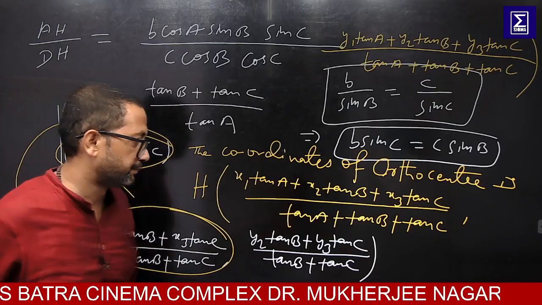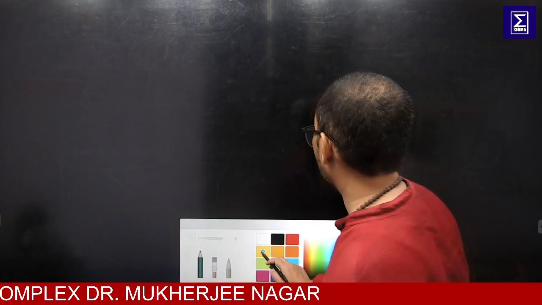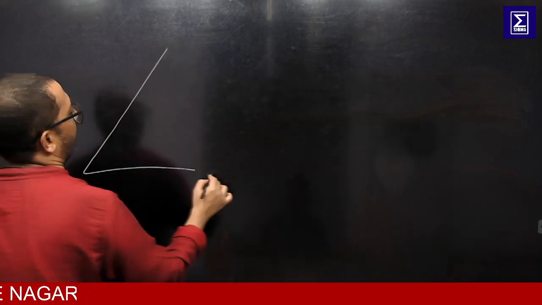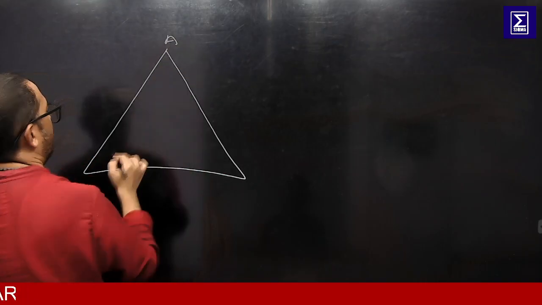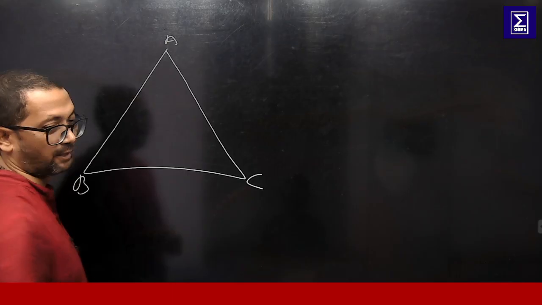And then, I have already proved the centroid and the circumcenter also. So I will just recapitulate. I am not going to prove it, but I will tell you the formula for centroid and the formula for incenter.